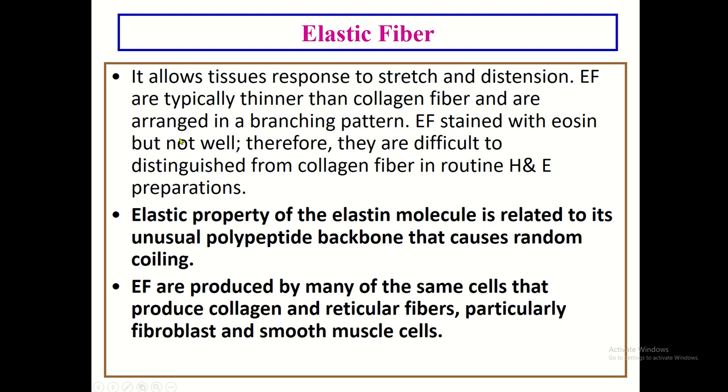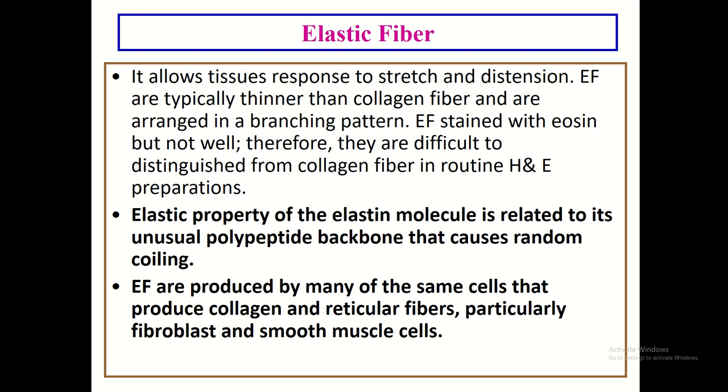Elastic fibers are arranged in a branching pattern. They stain with eosin but not well, therefore they are difficult to distinguish from connective tissue fibers in HE stain preparation. The elastic property of the elastin molecule is related to its unusual polypeptide backbone that causes random coiling.